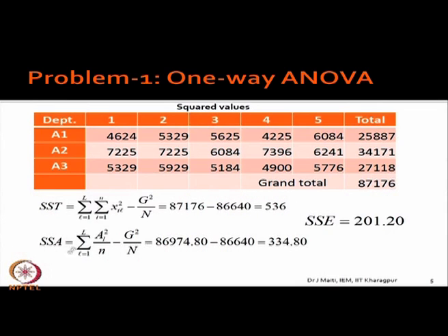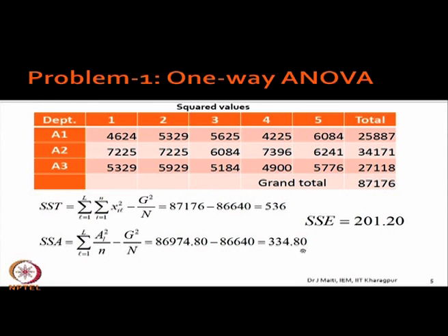Now, SSA will be this one, the sum over L equal to 1 to capital L of AL square by N. You see what is this AL square? A1 square is 25,887, A2 square is 34,171, and the third one, A3 square, is 27,118. This sum divided by N, and then minus G square by N, this quantity will be 334.